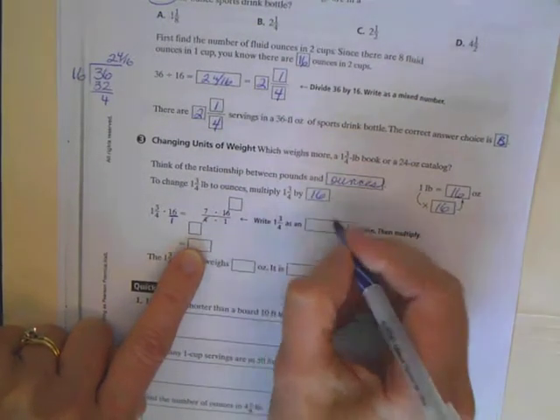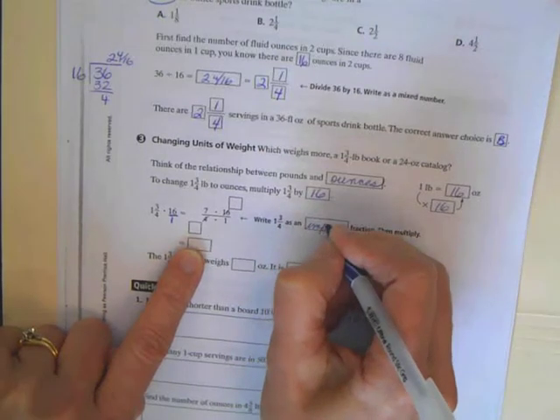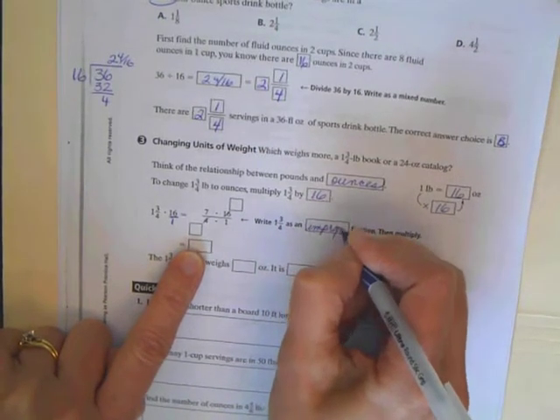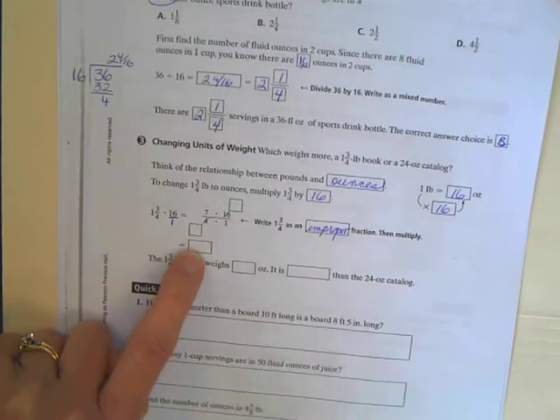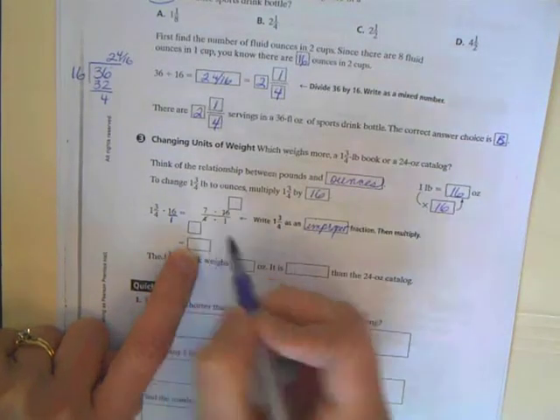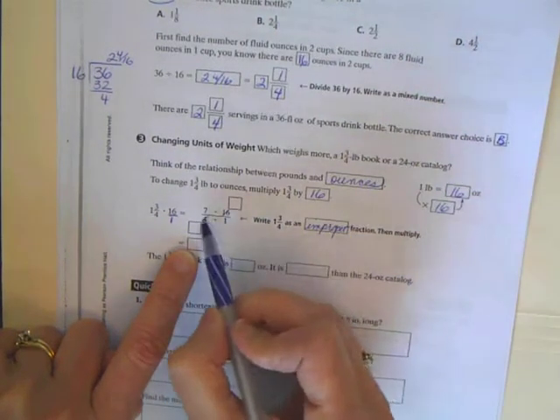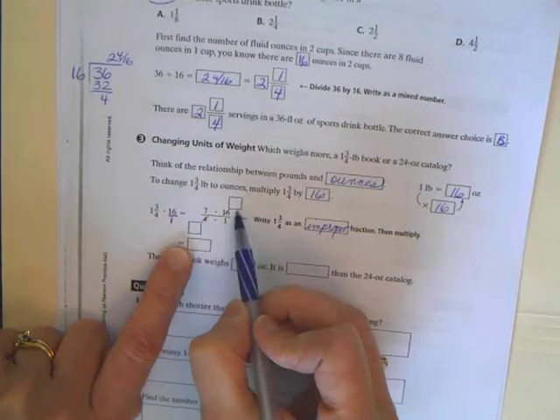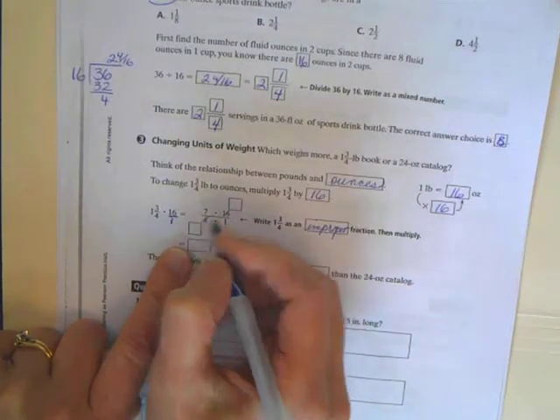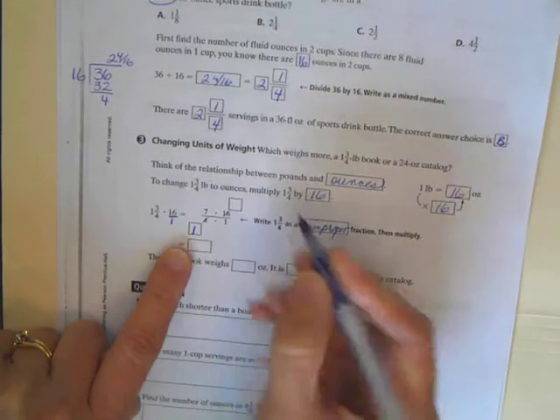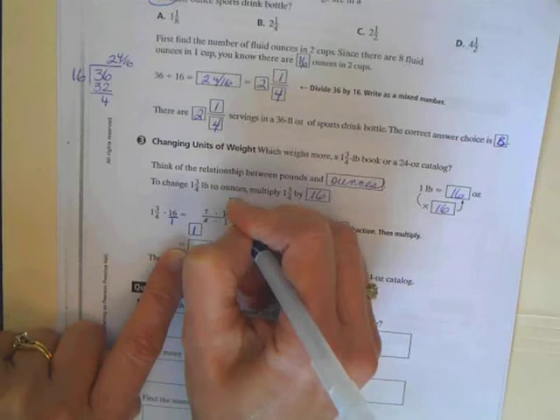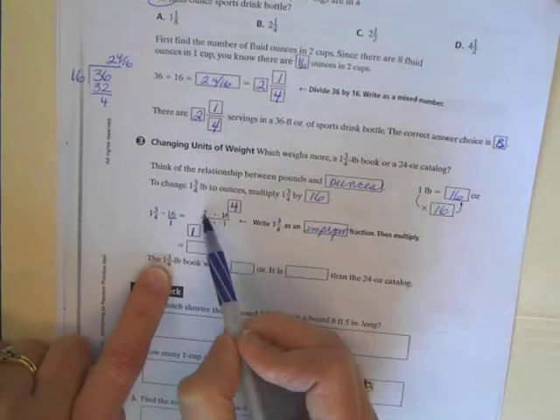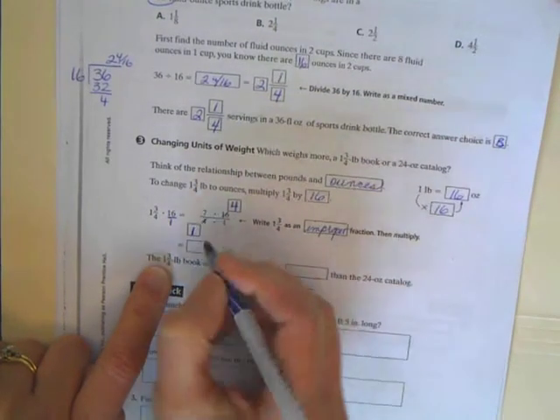We're going to write 1 3/4 as an improper fraction, because remember, to multiply and divide, we're going to need that. Okay, I'm going to simplify, because 4 and 16 are both divisible by 4. 4 divided by 4 is 1. 16 divided by 4 is 4. So 7 times 4 is 28. 1 times 1 is 1.